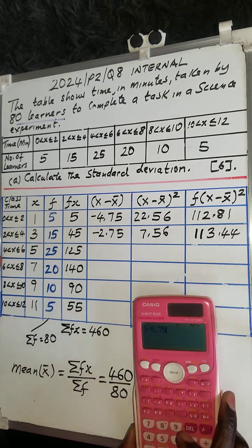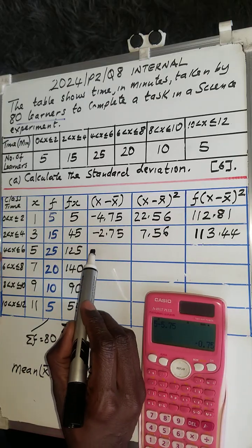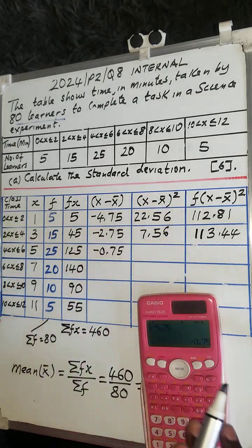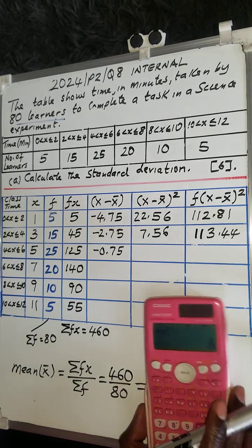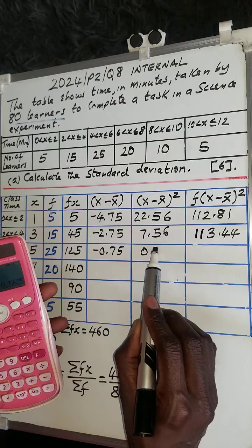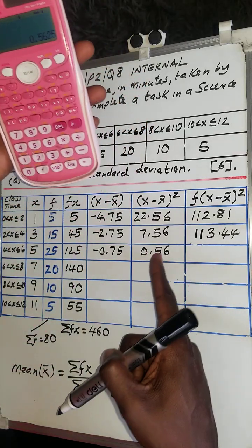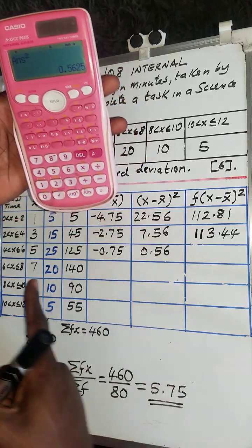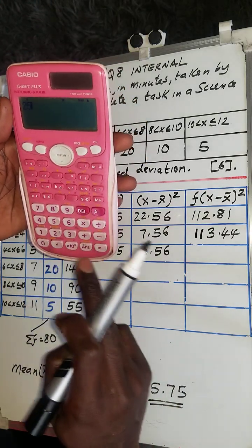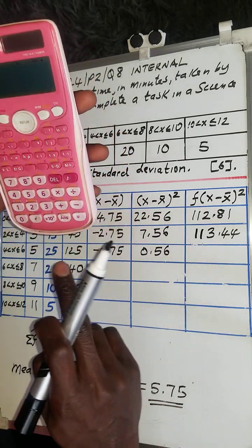We move on to the next one there, which is 5 minus 5.75, which is our mean. So it is giving me a negative 0.75. This value, you square it, so raise it to the power 2. That is going to give you 0.56 to 2 decimal places. Then this value I get, the way it is on the calculator, multiplied by the frequency, which is 25. So let me just repeat that again.